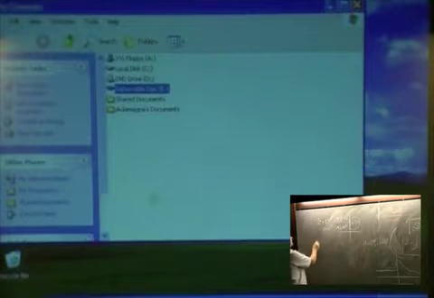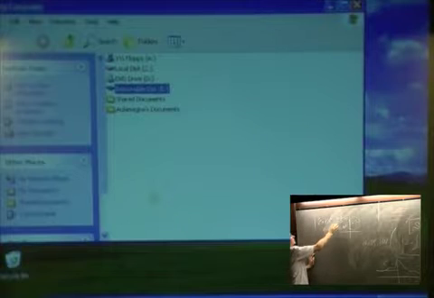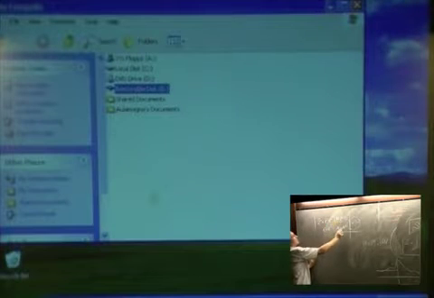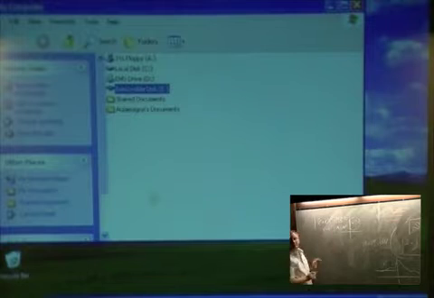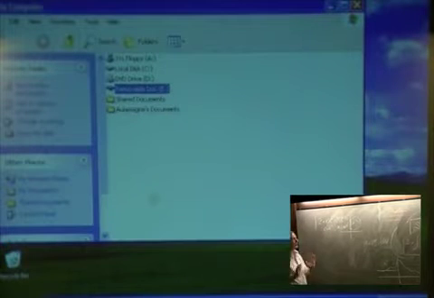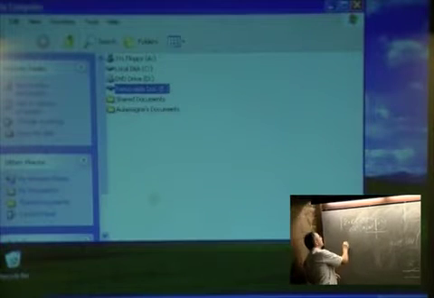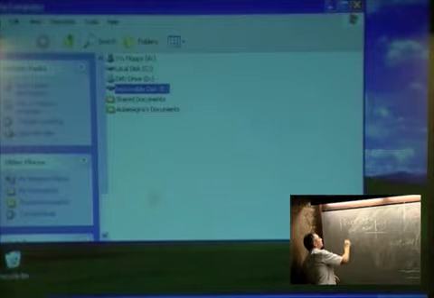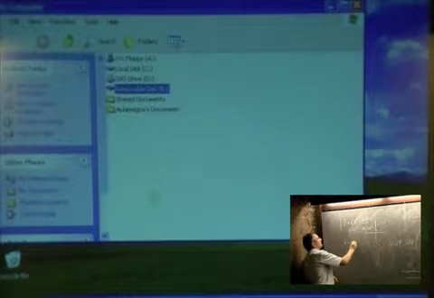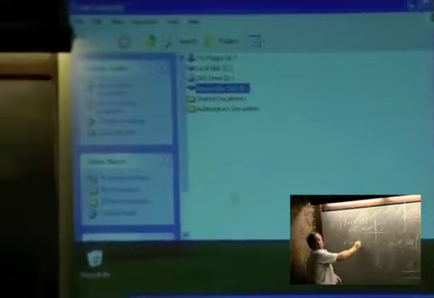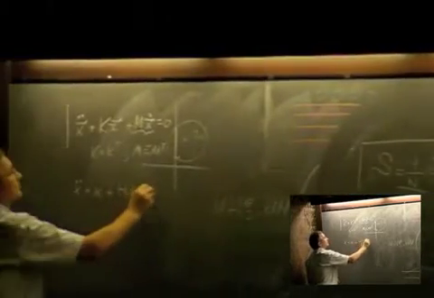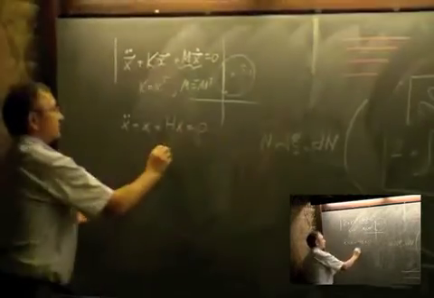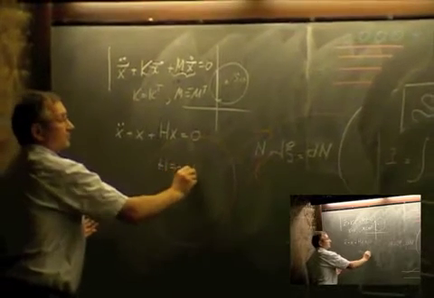Why are you saying symmetric? M is antisymmetric. For example, you wrote the following equation: x double dot plus x plus Hilbert transform of x is equal to 0. H is an antisymmetric operator.